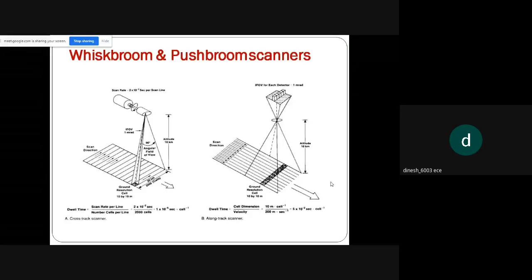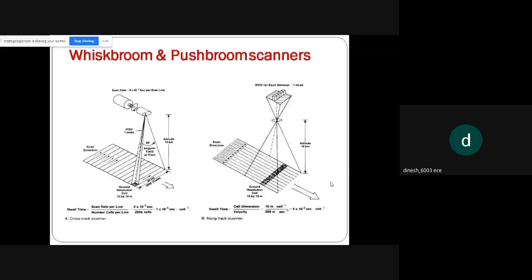For every line, we will have 2000 cells. With that, we can find the dwell time in across track. So the scan rate per line divided by number of cells: 2 × 10^-2 seconds divided by 2000 cells.